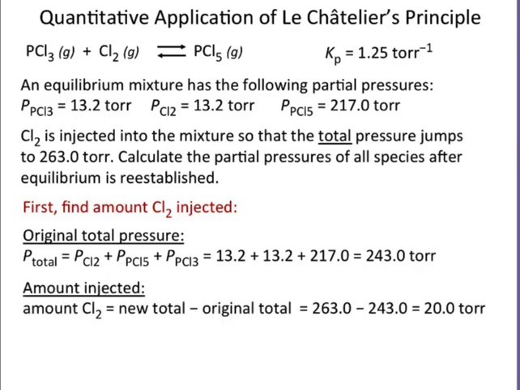And now here's the new total pressure, 263 torr, and that is increased from the original total pressure by the amount of chlorine that you added. So if you just do some subtraction here, 263 minus 243, it tells you that 20 torr of chlorine gas was injected into this sample.